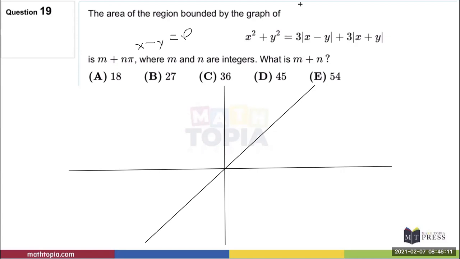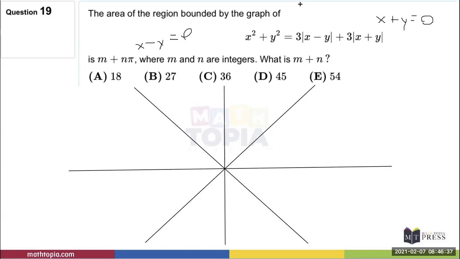And now the thing is, if we have x plus y, we want that to be either above or below 0. So if we solve that, we would get y equals negative x, right? So these 2 equations divide the graph into 4 regions. And each of the 4 regions are the 4 cases that we just talked about, right?